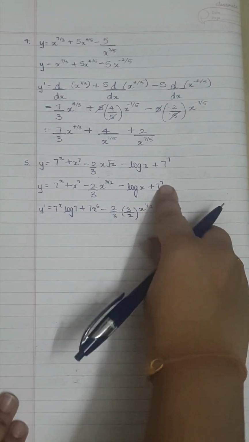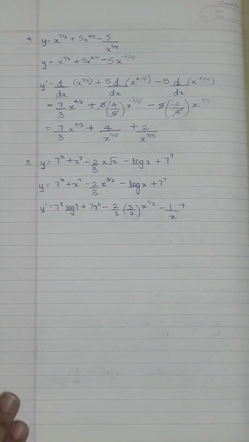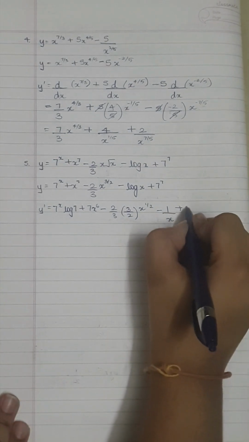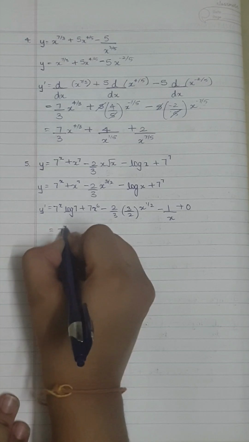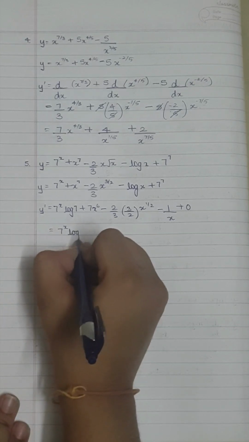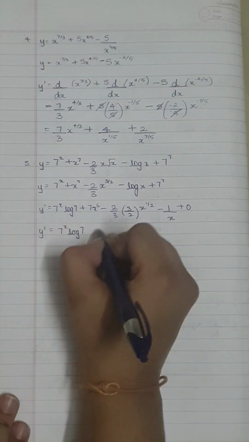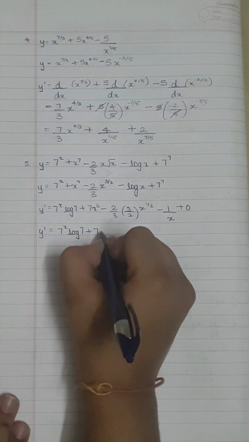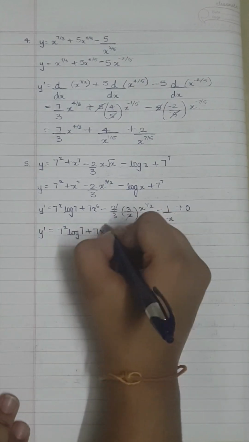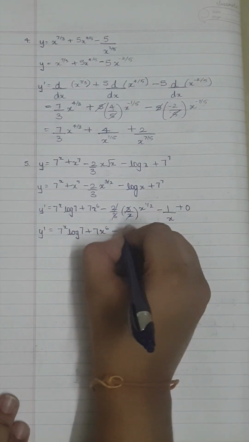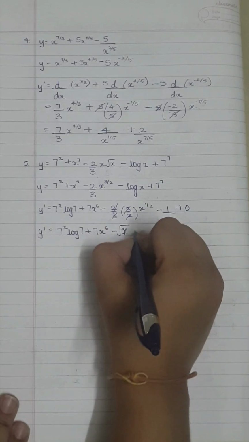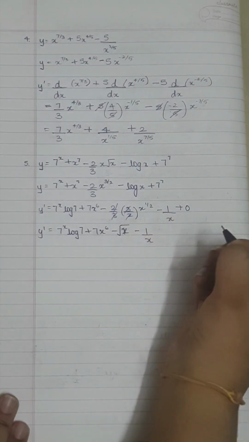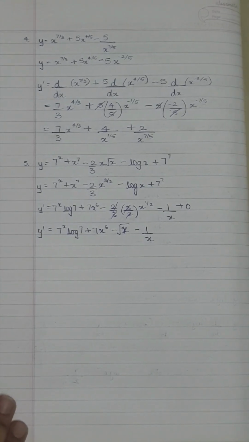Since 7 to the power 7 is a constant, differentiation of a constant is 0. So you get 0. Writing this in a prettier way, you get y dash is equal to 7 to the power x log 7 plus 7 x to the power 6, 2 get cancelled, 3 get cancelled, so minus 1 x to the power under root x minus 1 by x. And yeah, that's question number 5.